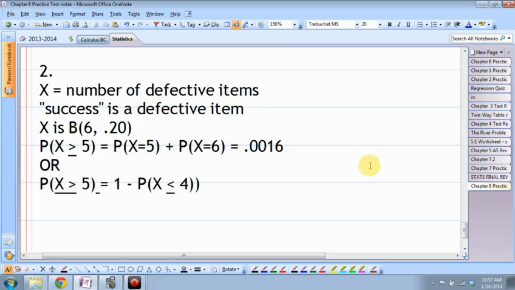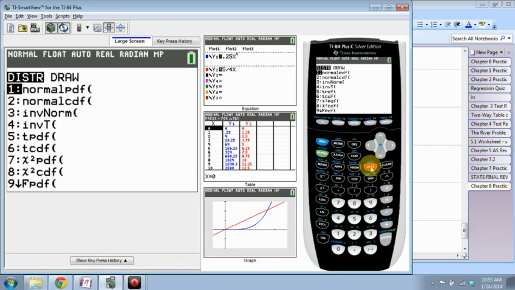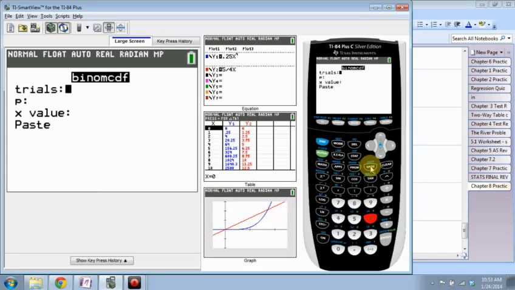Or we could do it this way. Nothing wrong with this. And that's 1 minus the binomial CDF, six point 2 and 4, right?